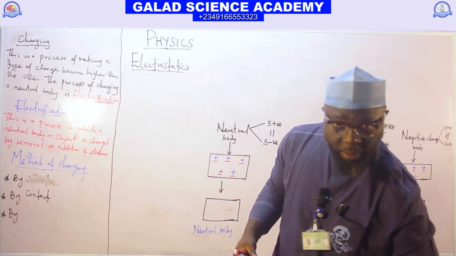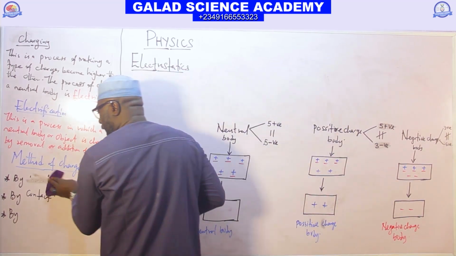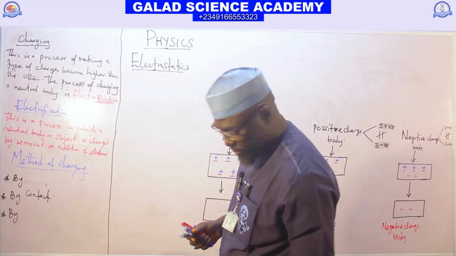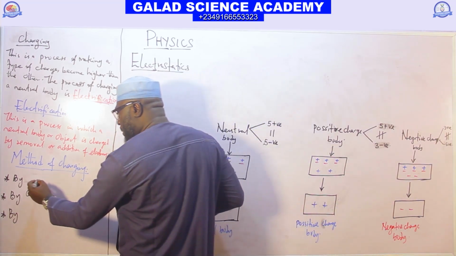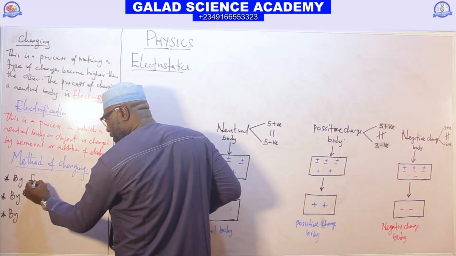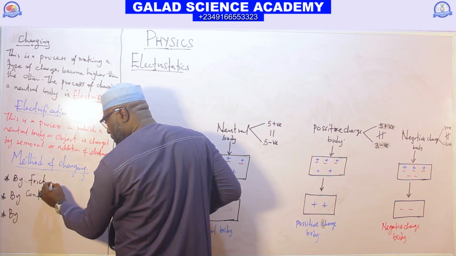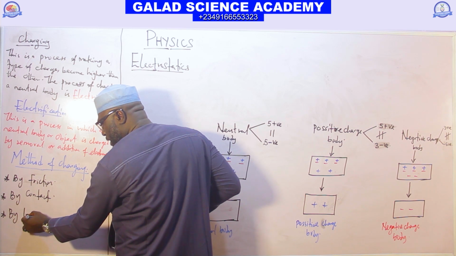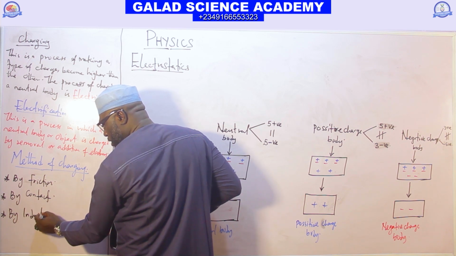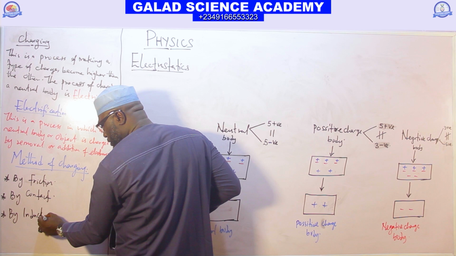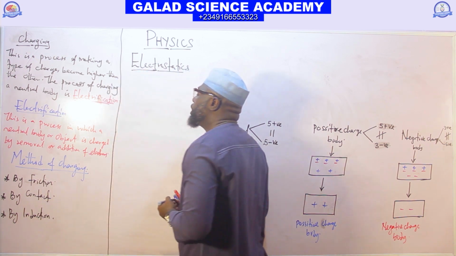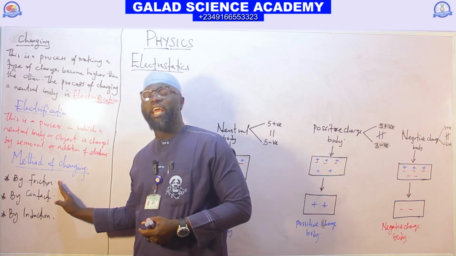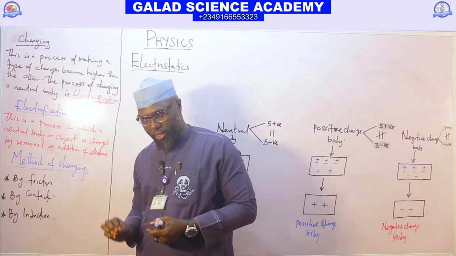Let me use charging by friction first; I would like to treat induction as the last one. So charging by friction, charging by contact, and charging by induction. These are the three methods of charging a neutral body.